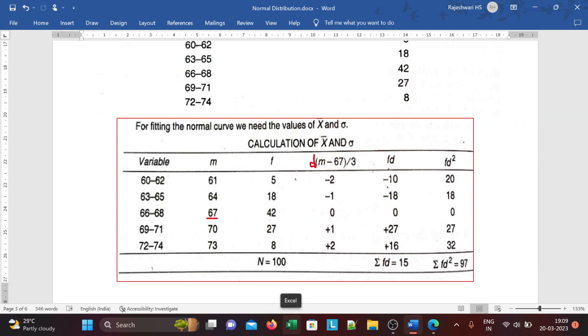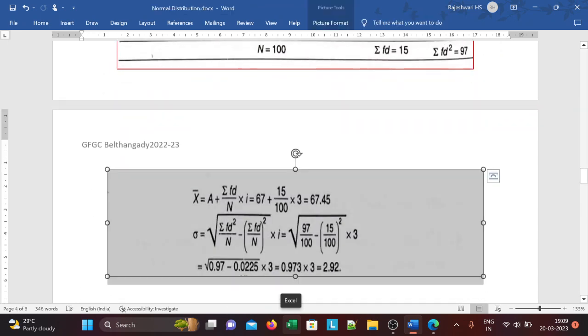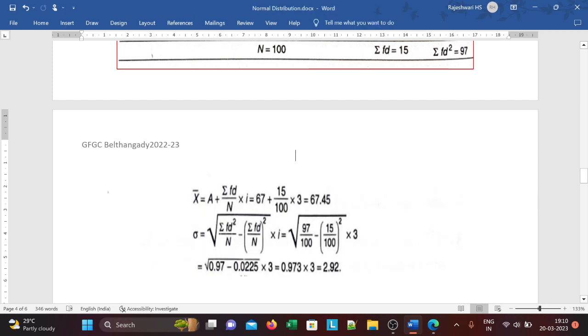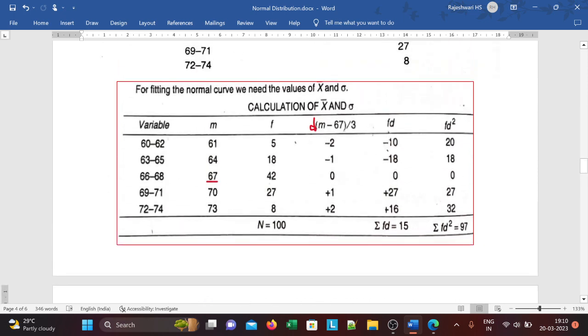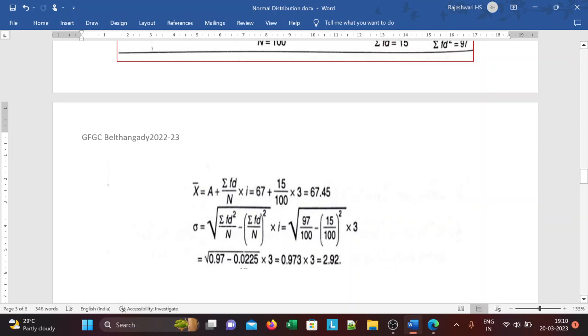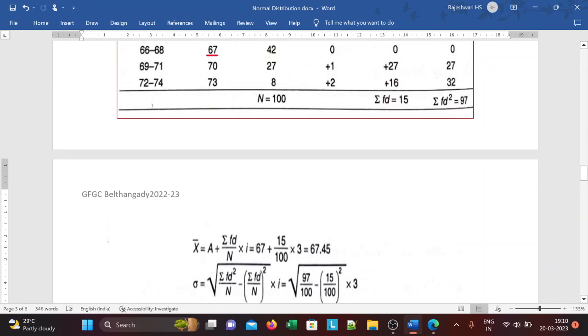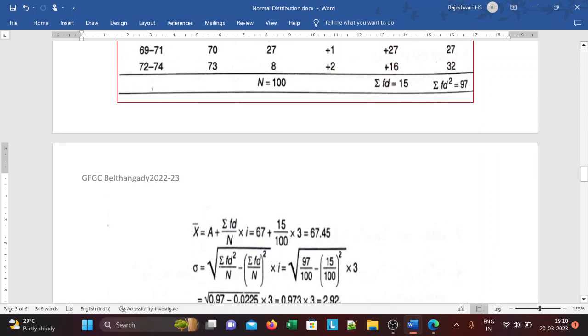Of course, it's very simple, we have seen it in the previous cases as well. Here, x bar and standard deviation values we need to find out. So x bar is the assumed mean A plus summation fd divided by n, into class interval C. The assumed mean 67 we have taken, plus summation of fd, which is 15, divided by n.